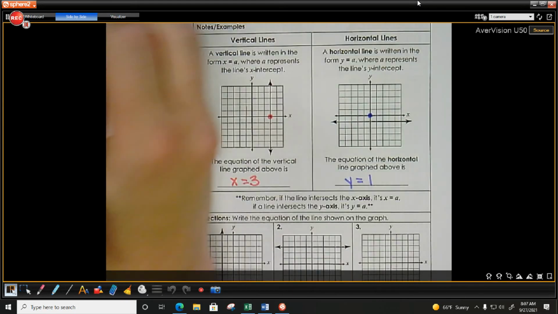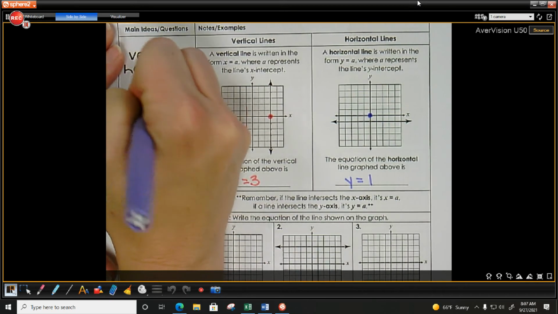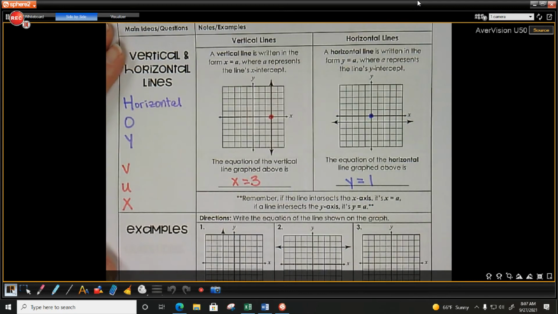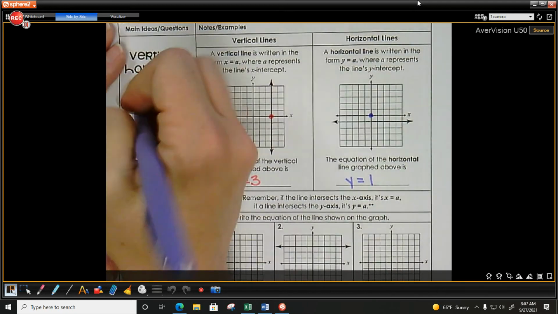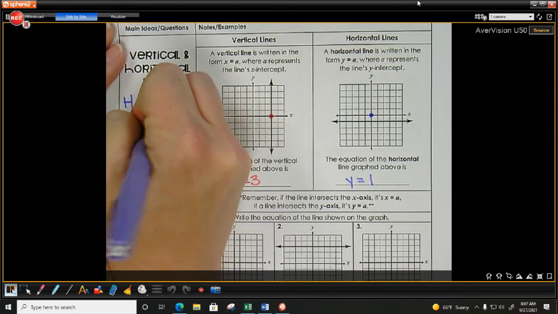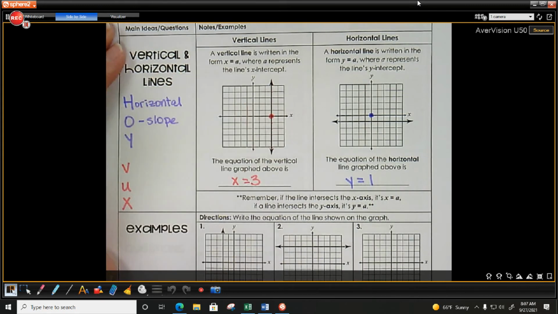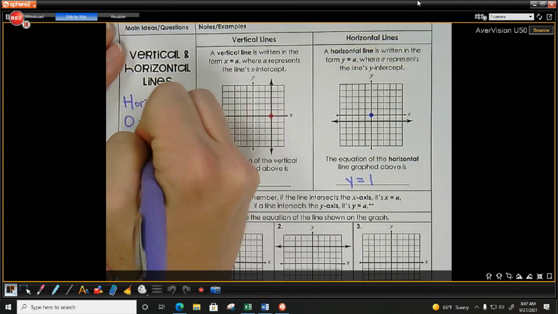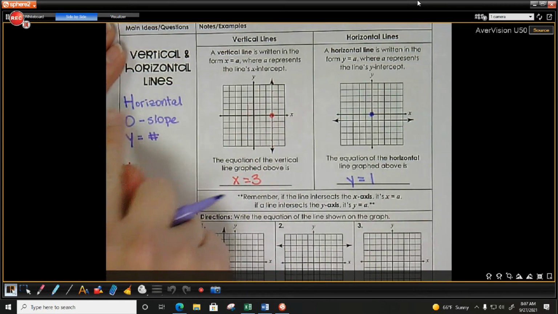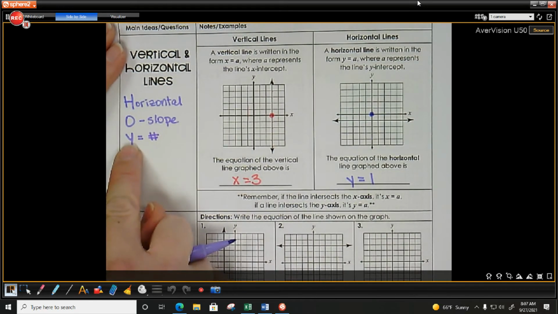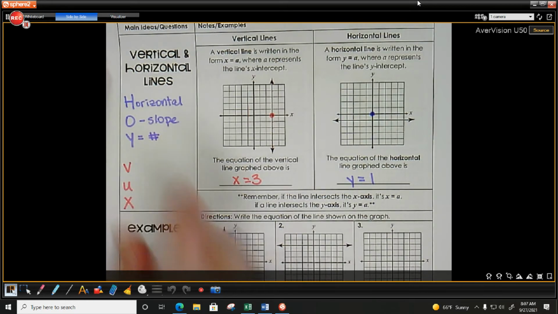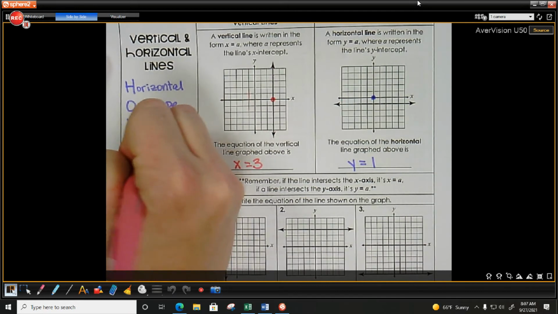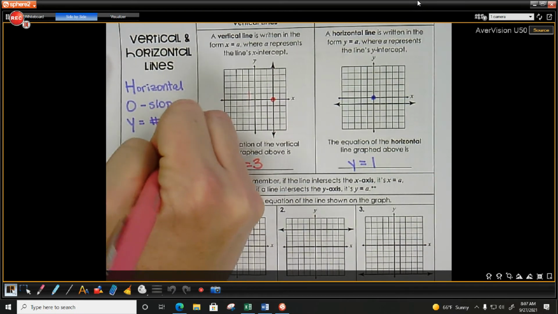H is for horizontal. So all horizontal lines have a 0 slope. And the equation is y equals a number. So horizontal lines have a 0 slope and their equation is y equals a number. What do you think VUX stands for then? Vertical lines have what kind of slope?